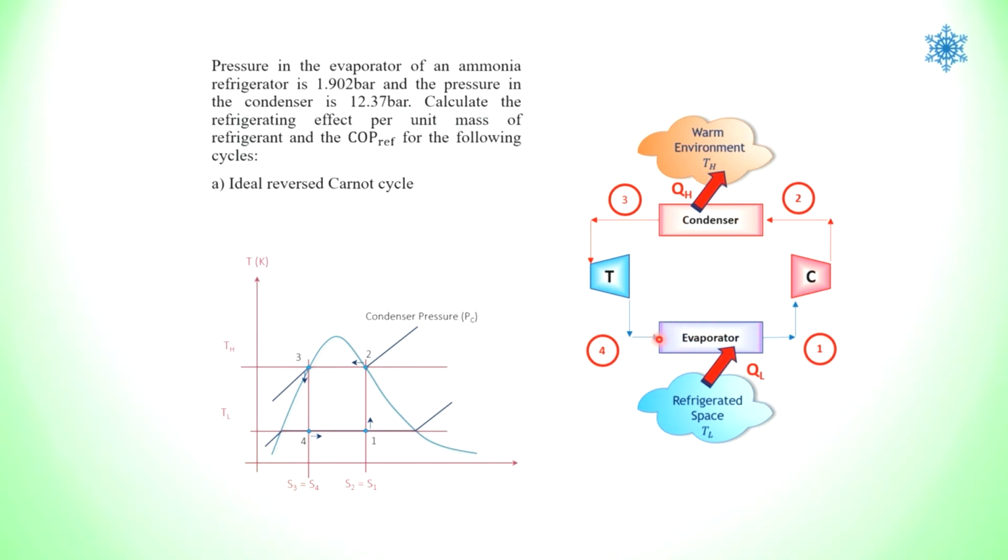Before going into the evaporator, the temperature will be lowered. Then in the evaporator, the phase change takes place at constant pressure. With continuous heat absorption, the temperature inside is always maintained constant.